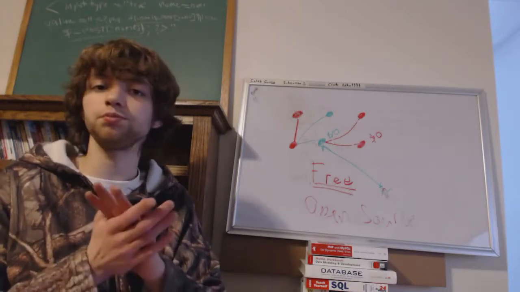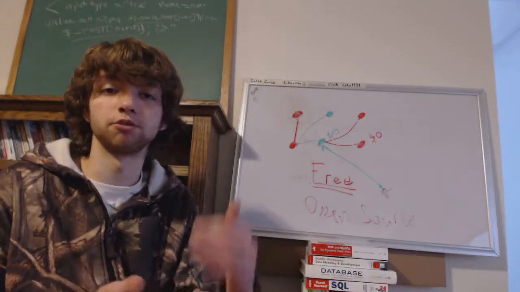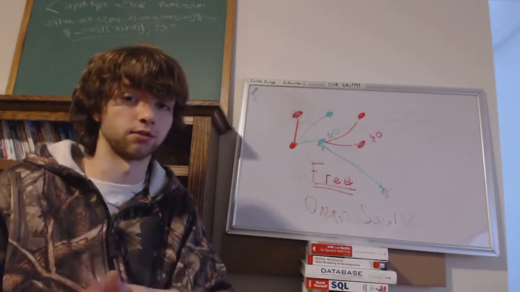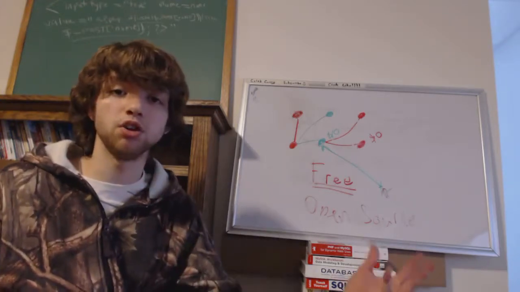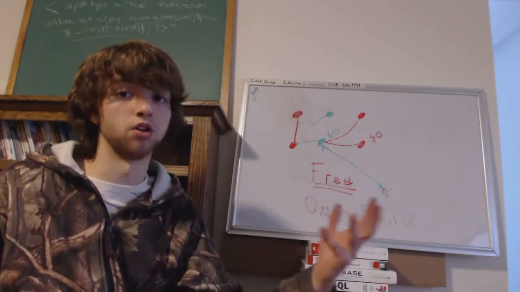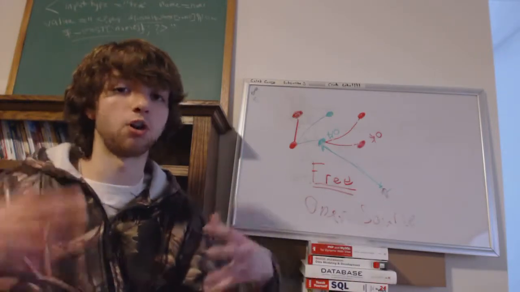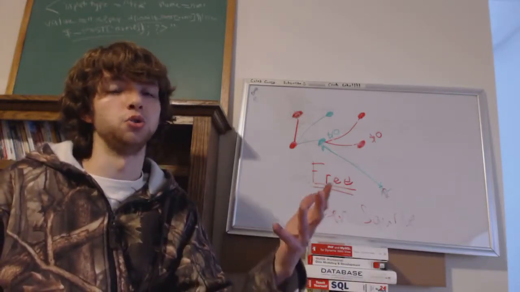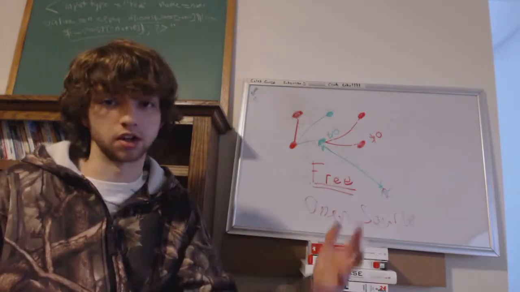Well, that does not necessarily mean it is free, because you can still have restrictions on this software. For example, just because it's open source does not mean you can redistribute that source code to all of your friends so you can all have Windows 9. That does not allow you to do whatever you want with the software.